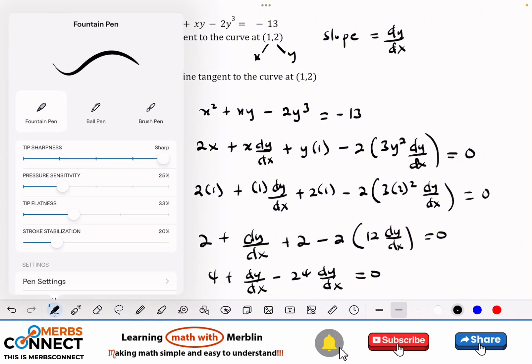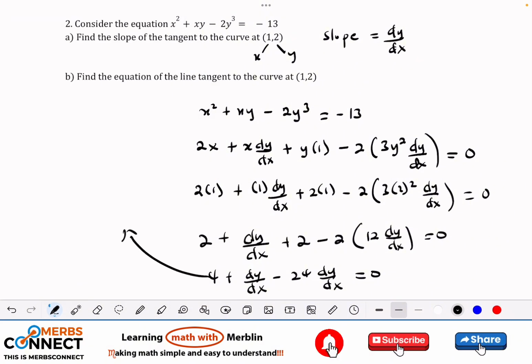So if I want to bring this one up here, now we have dy here, we have dy here. The coefficient here is 1. So 1 minus 24 is going to give us 4 minus 23 dy over dx, which is equal to 0. Then we want to make dy over dx the subject. So I can subtract 4 here, subtract 4 here.